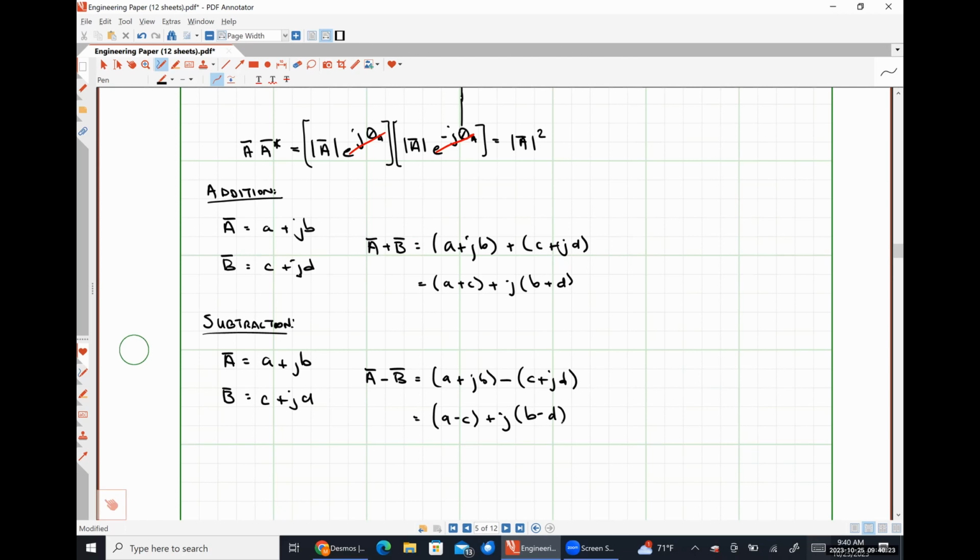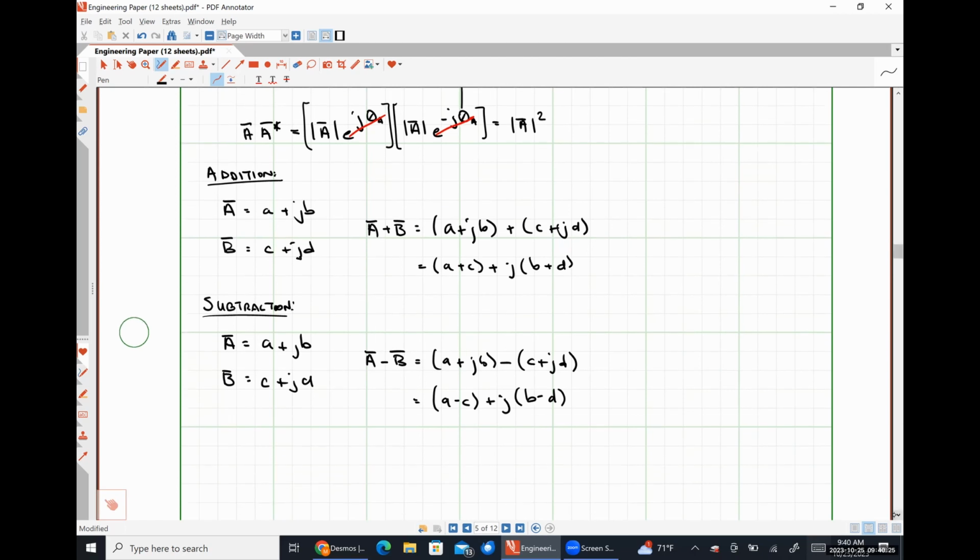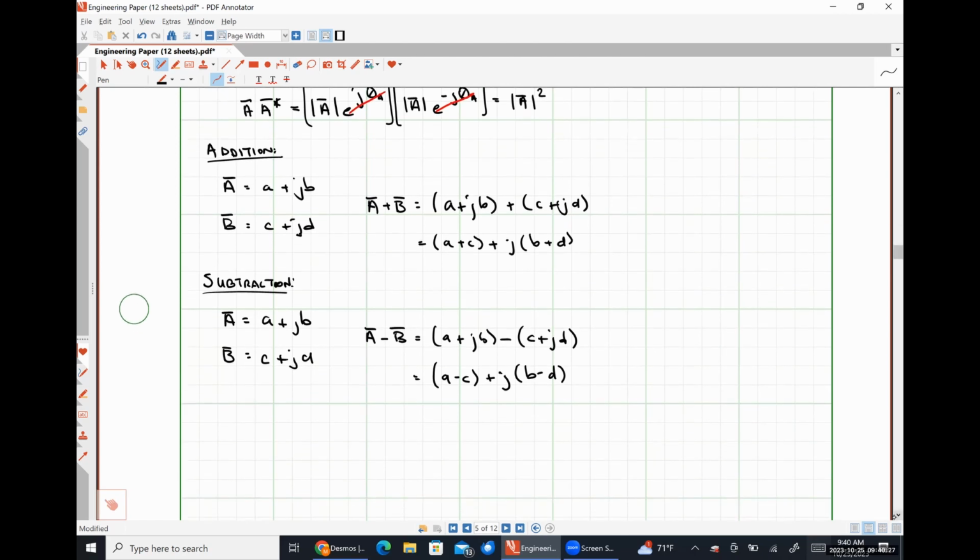All right, now let's talk about multiplication. So once again, complex number A is a plus jb.